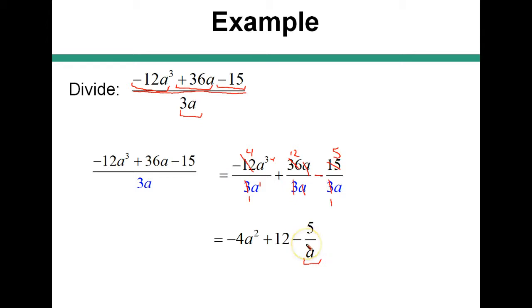So in a sense, if you go back to one of our first lessons, is this expression a polynomial? And the answer is no, because there is a variable in the denominator. So this is not a polynomial.